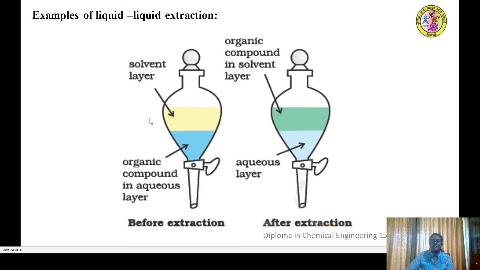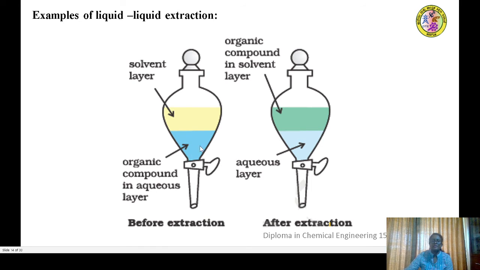Okay. So this is how we can represent a liquid extraction in the laboratory. So all of you know what this is? This is a separatory funnel, and into this separatory funnel, you can take one solution, that is, an organic compound dissolved in water.